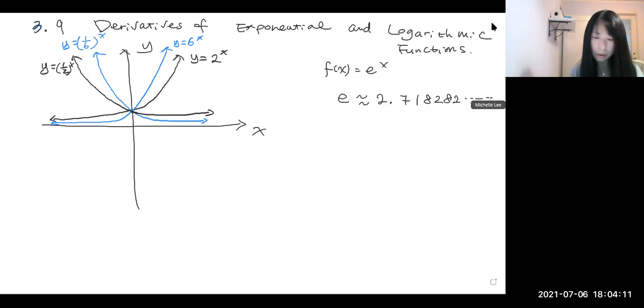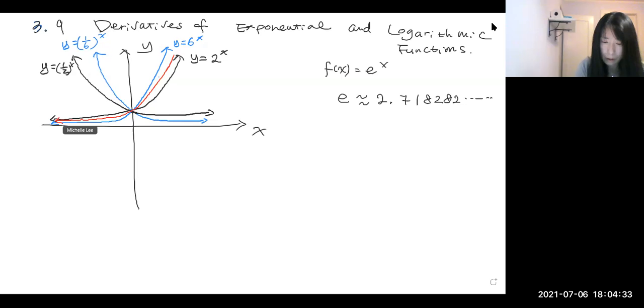So it's an irrational number. So between 2 and, in this case, 2 and 6, that's correct. So let us make that.